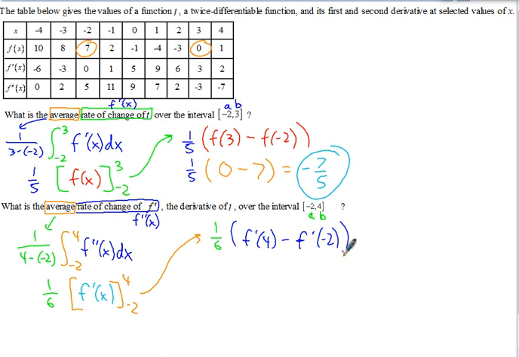And again, now we can refer back to our table here. You can see f prime of 4, when x is 4, f prime is 2, minus f prime of -2, when x is -2, f prime is 0. So we get 2 times 1/6, 2/6 reduces to 1/3. So that's the average value of the rate of change of f prime, and with f double prime on the interval -2 to 4.